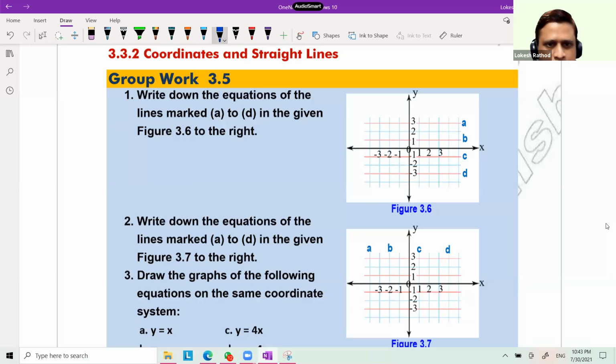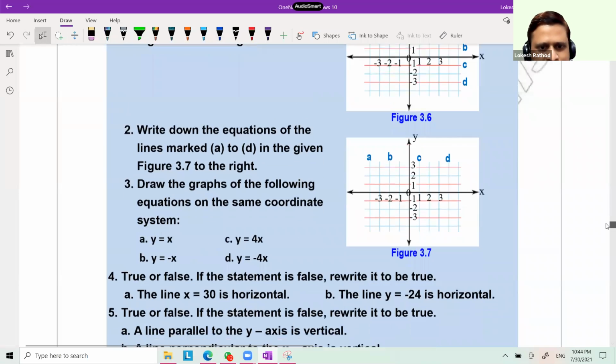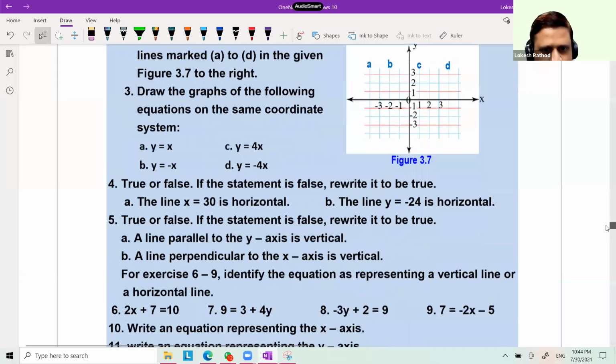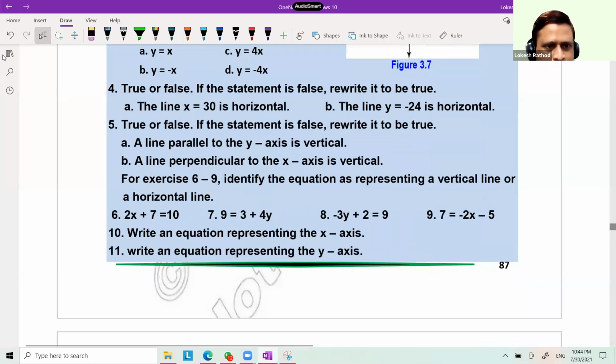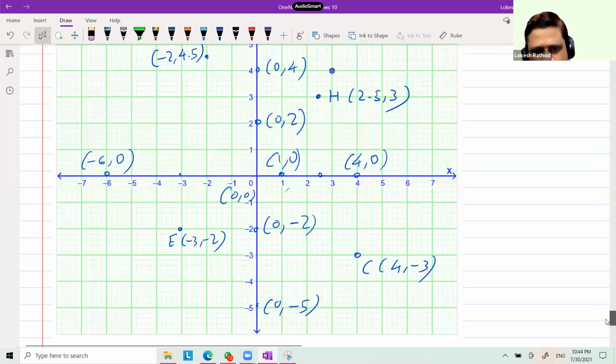Now, coordinates and straight lines. So now we are interested in the equation of lines. For that, first we understand or study some basic lines.